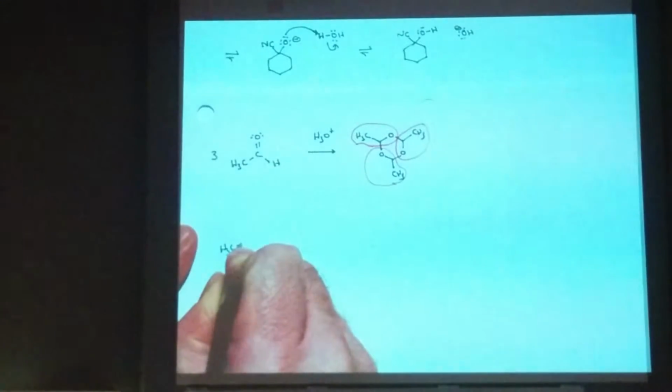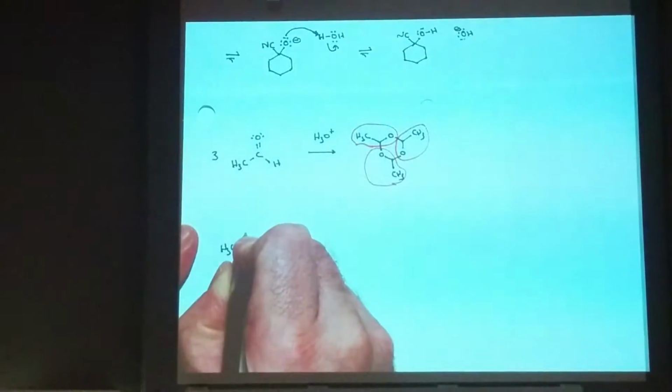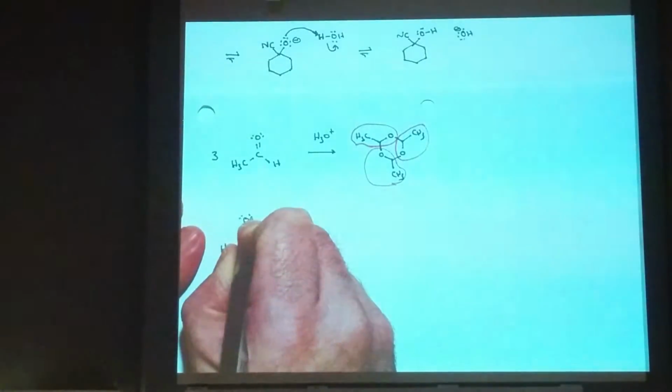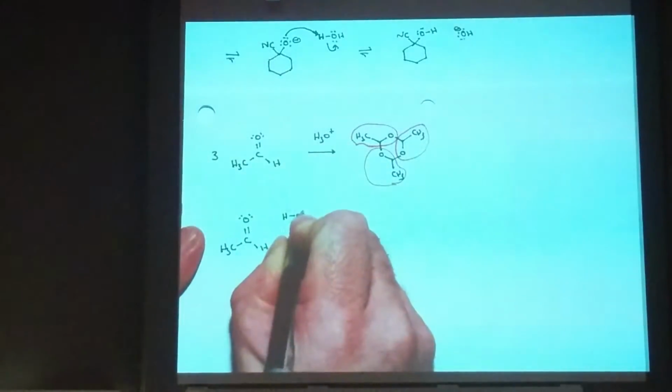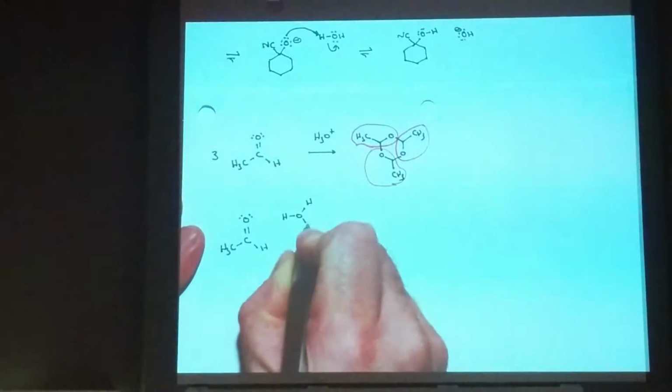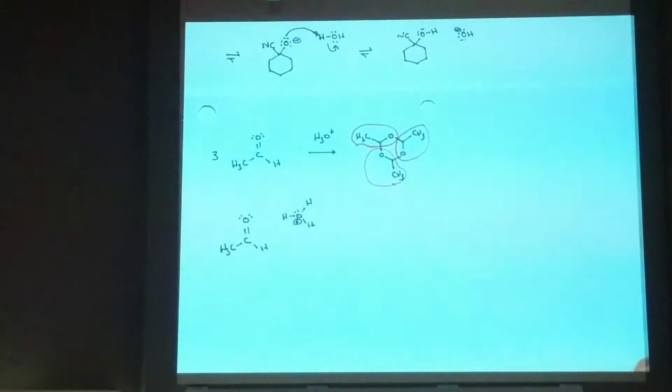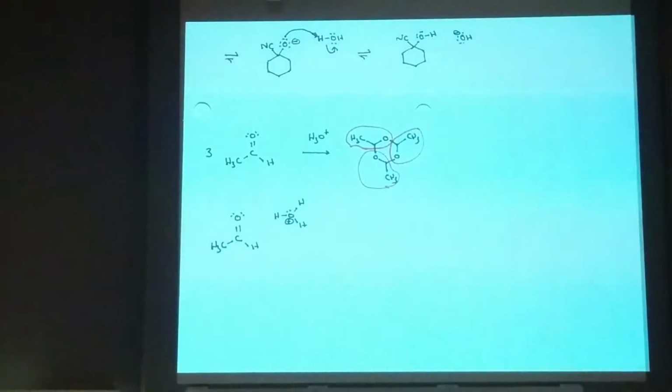But let's talk about the really common pattern that we observed when we had acidic conditions. So now we have a cationic species.